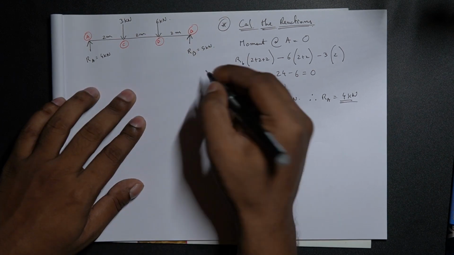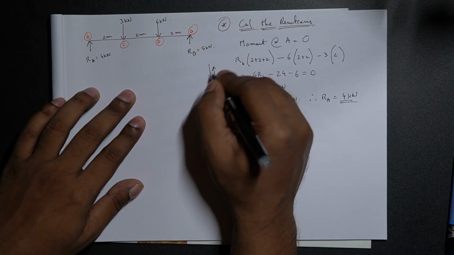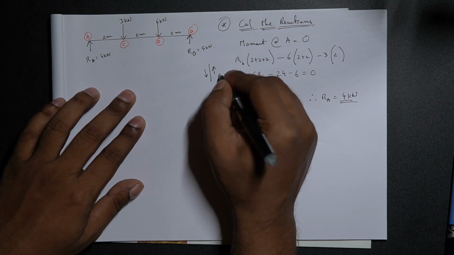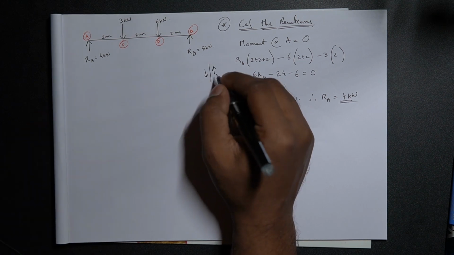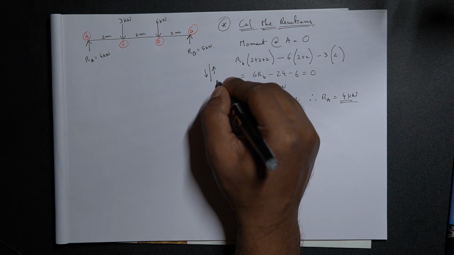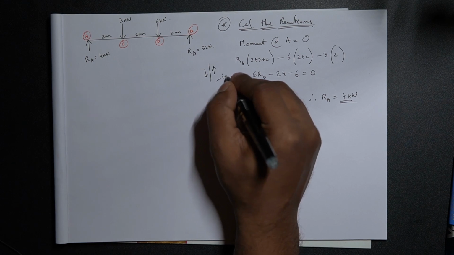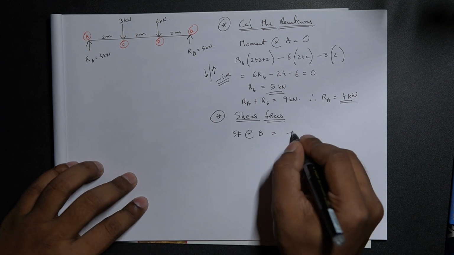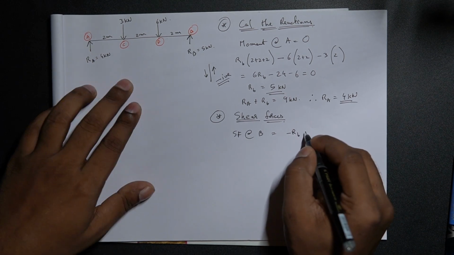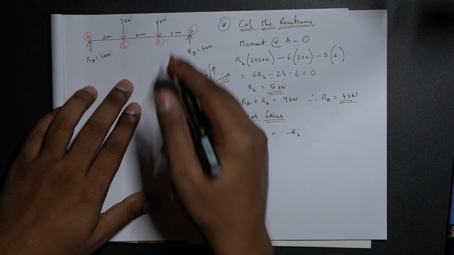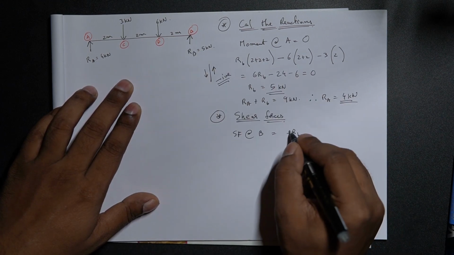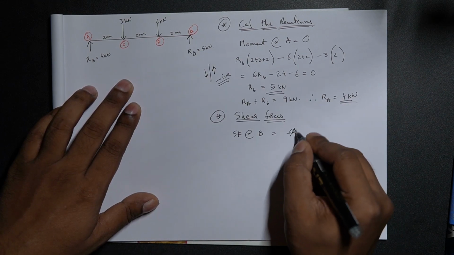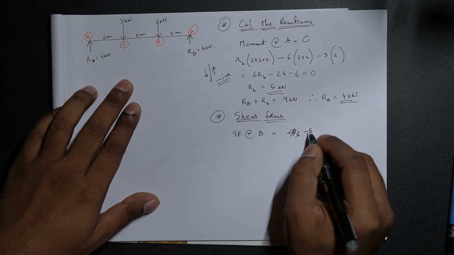Now, if you can recall, on a section, if the force is acting from bottom to top on the right hand side and force is acting from top to bottom on the left hand side, it is negative. The shear force is negative. So RB over here is negative, and RP is nothing but 5. So I'll just directly put 5 over here instead of RB, minus 5 kilonewtons.